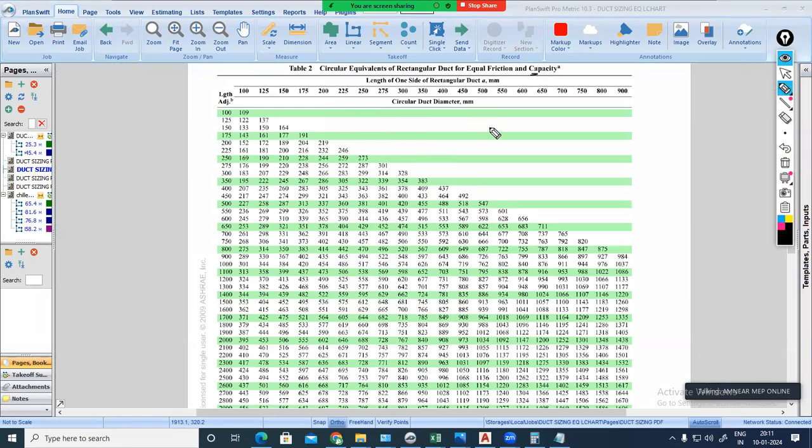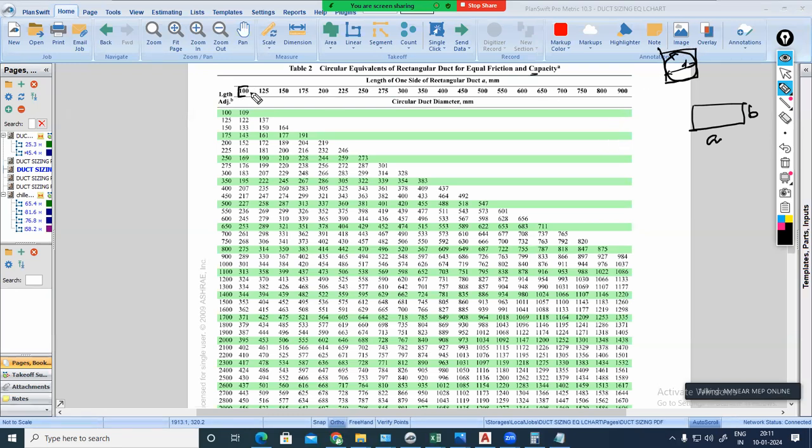See, duct is having a term called aspect ratio. I am going to explain that now. Before that, here you can see we are having two dimensions because duct is having two dimensions. One dimension is A, another dimension is B. Now we got the diameter, so I should find the equivalent dimension of the rectangular duct.